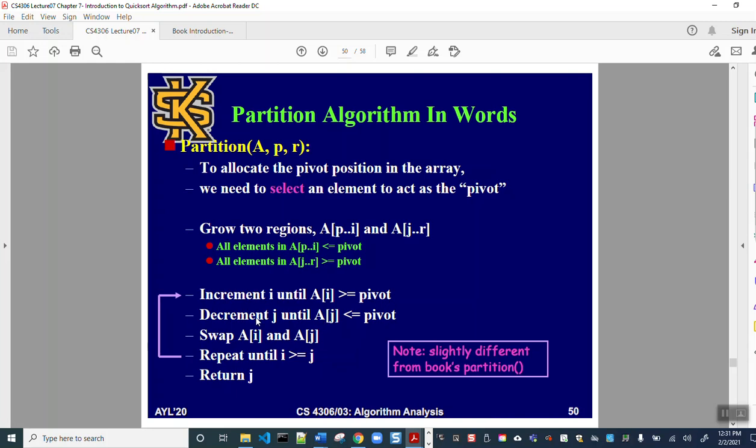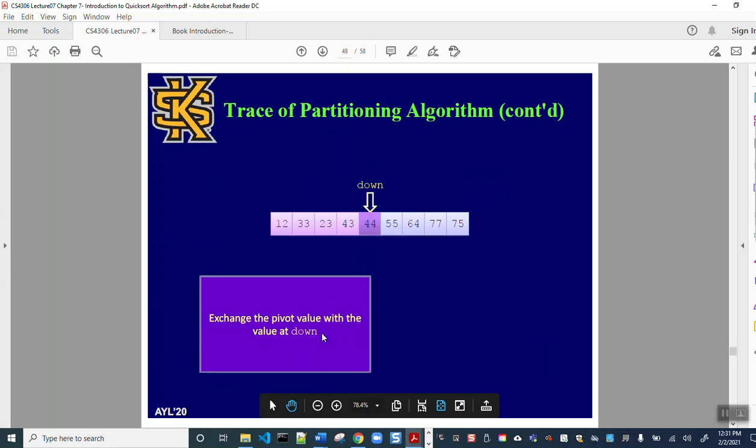Okay, and decrement J until any element is less than or equal to the pivot element. If we find that, then we will swap and repeat until I is greater than or equal to J. So at this position, I is greater than or equal to J, so we will stop over here, right?